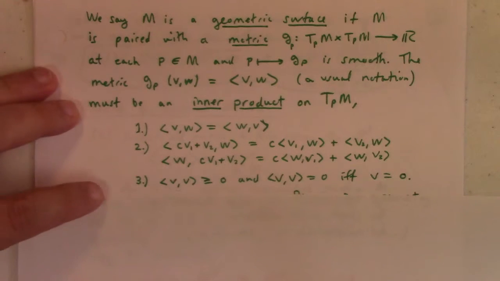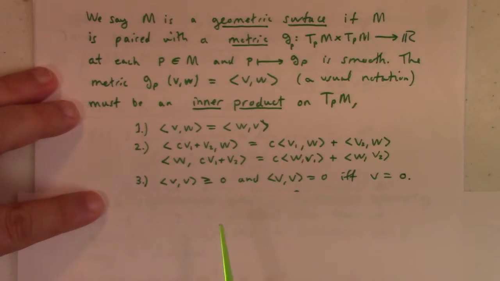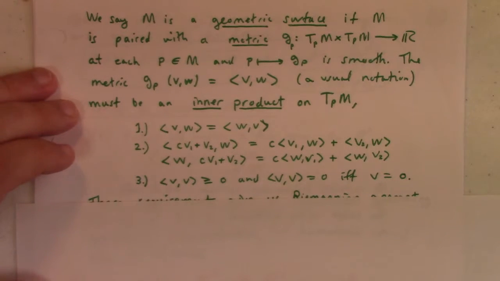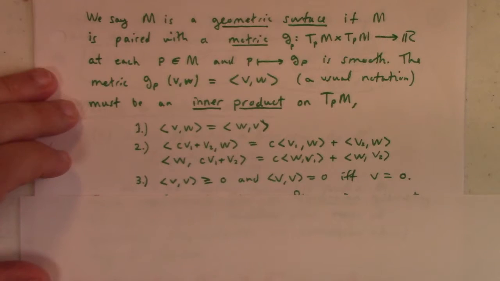And third of all, it has this lovely characterization right here that the metric of a vector with itself is non-negative, and it's only 0 when you plug in 0.